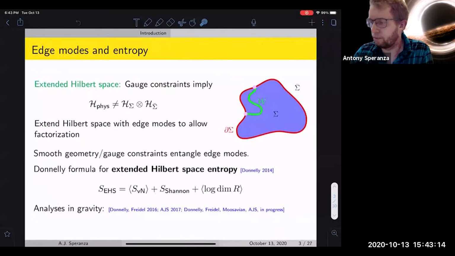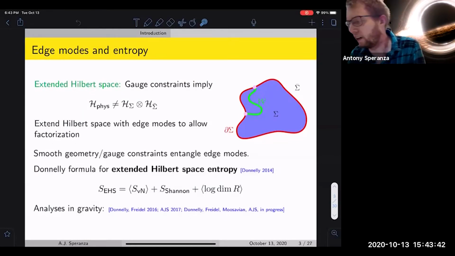Okay, so one of the philosophies I have for why these charge algebras associated with boundaries have anything to do with entropy comes from the extended Hilbert space construction and entanglement entropy. I think it's a well-known fact that there are some tricky aspects of defining entanglement entropy when you have gauge symmetry in a system.